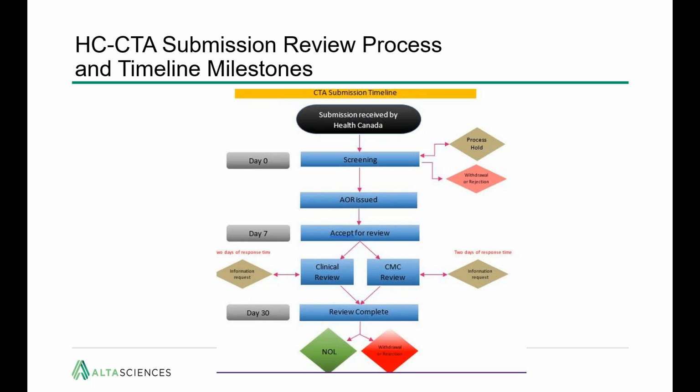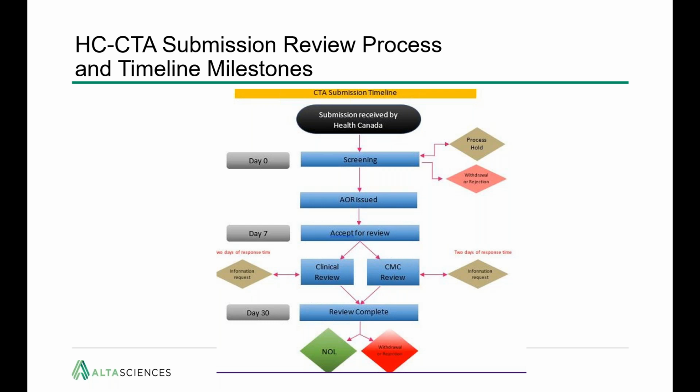As you can imagine, the agency has been very busy with a number of filings for medications that have been developed internationally to prevent and treat COVID. However, we've seen an improvement on that, and it's now anywhere from 24 to 48-hour turnaround for a screening time.